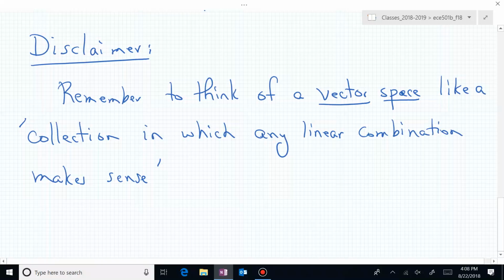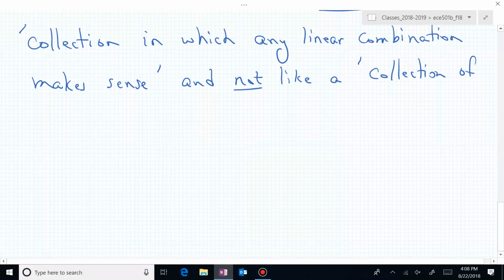And a linear combination is adding pieces together, scaling those pieces. That's a linear combination. A collection that makes sense, and not just a collection of columns of reals.